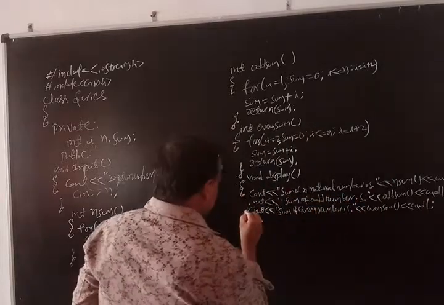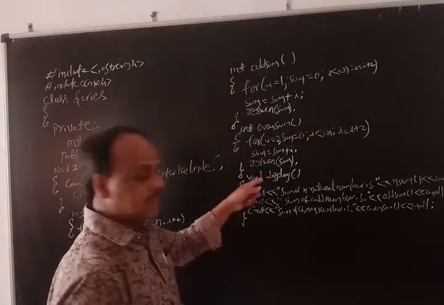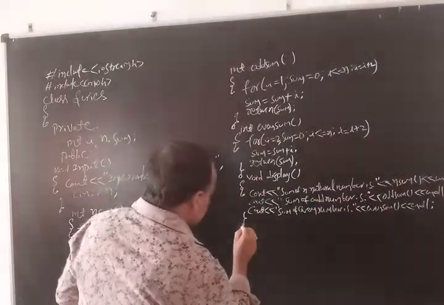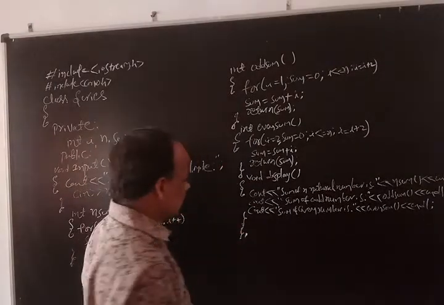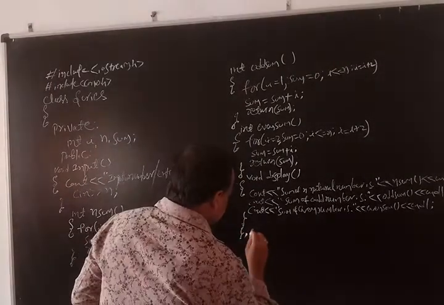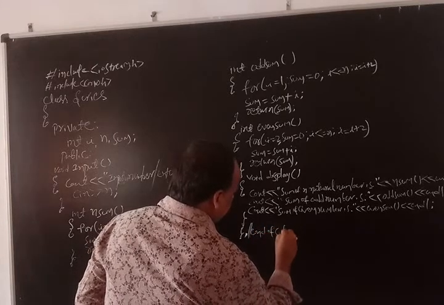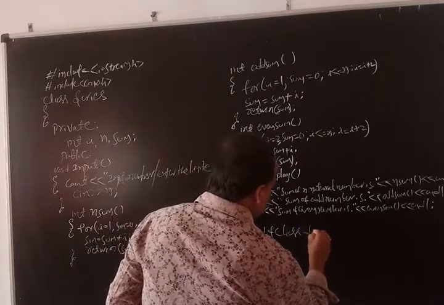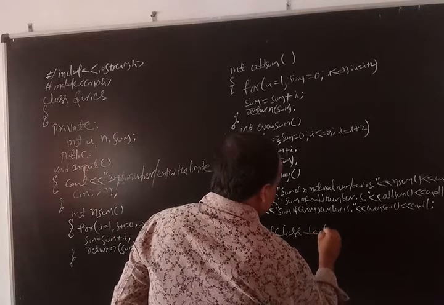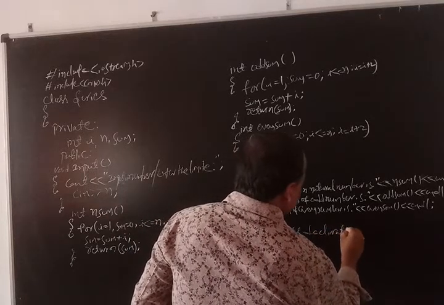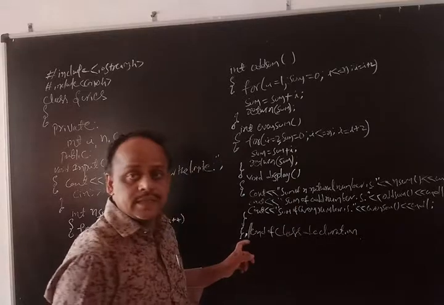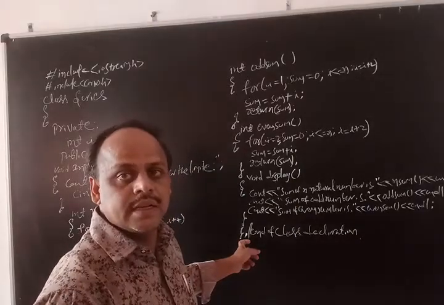Close this display function, close the class with a semicolon, this indicates the end of class declaration.